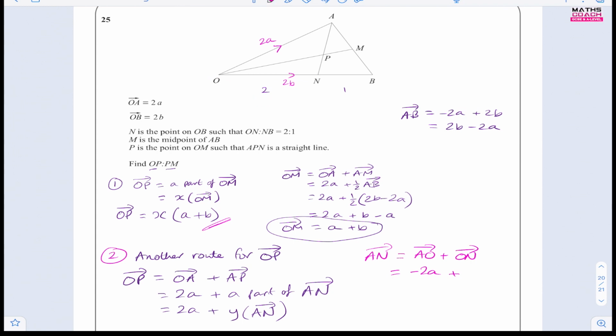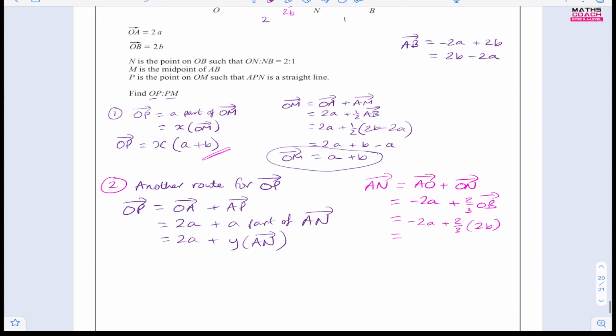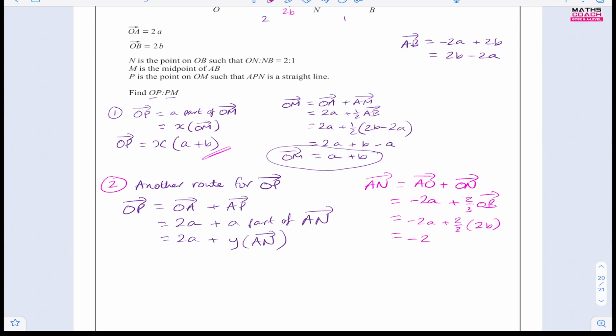So therefore, 2/3 of O to B. And we know that O to B is 2B, just like we were told in the question. So we have minus 2A plus 2/3 of 2B. And if we simplify that, we get minus 2A plus 4 over 3B.